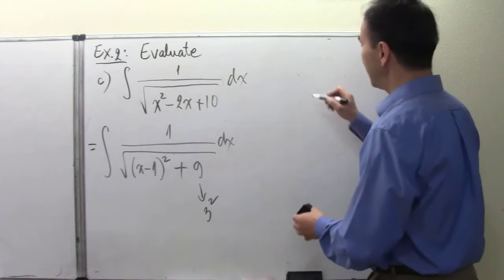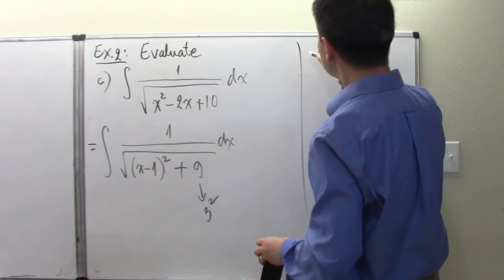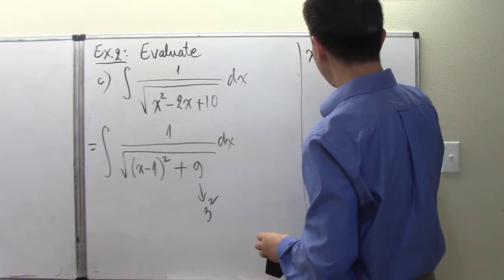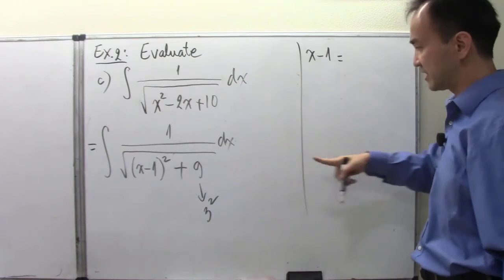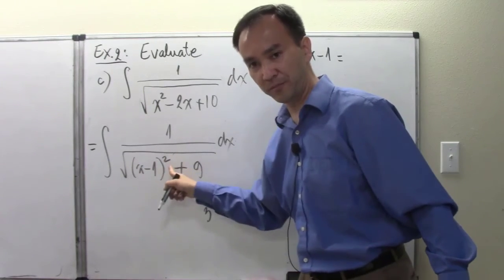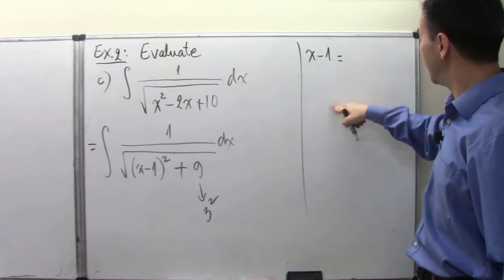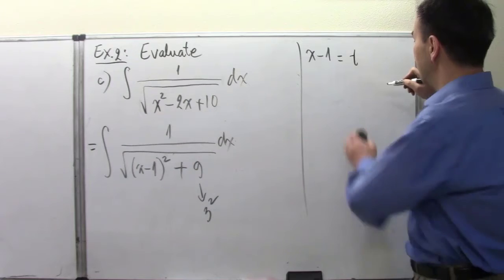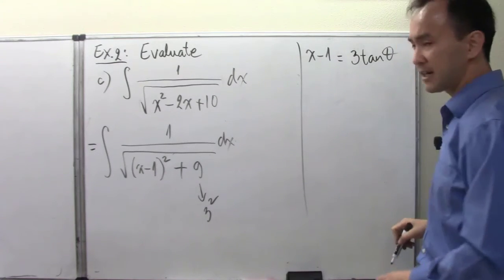All right, so now I'm ready for making my substitution. This time I am going to substitute x minus 1, the entire variable expression, because that's what I recognize being the square form. That's why we were doing the complete the square. So now I'm going to let that equal 3 times tangent of theta.